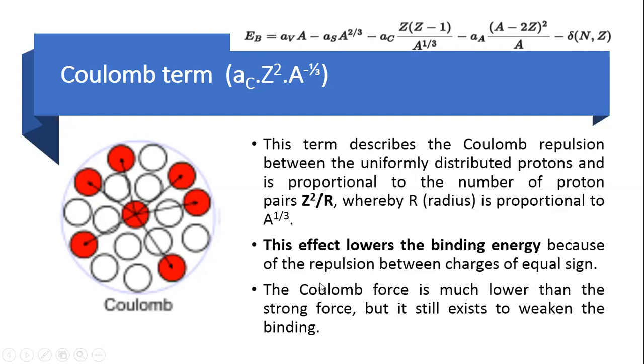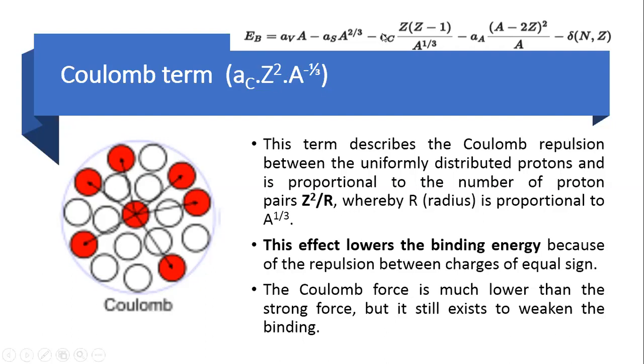What is happening here is due to the repulsion between the protons, and there will be no repulsion between the neutrons, because neutrons do not have any charge. So there will only be repulsion between the protons, and because of this repulsion it lowers the binding energy.